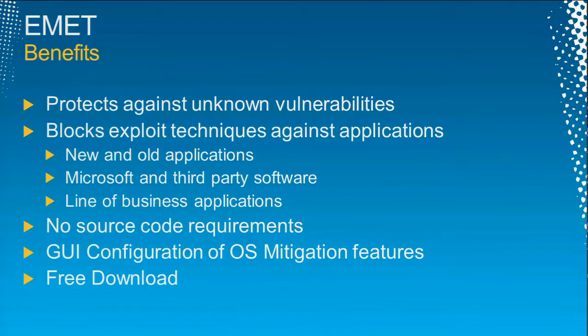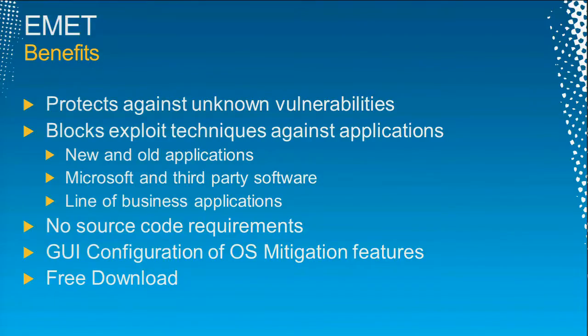So actually not a whole lot changed. There's been quite a few manageability improvements, and we'll show those in the demo. But for those that don't know what Emmet is, it protects you against unknown vulnerabilities by essentially blocking the exploit techniques as they would be happening on the workstation and causing the applications to crash instead of actually going through with the exploit and executing the code as the bad actor would intend.